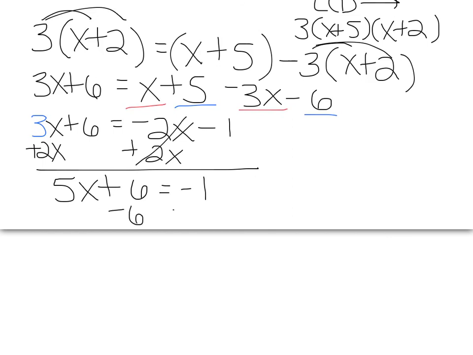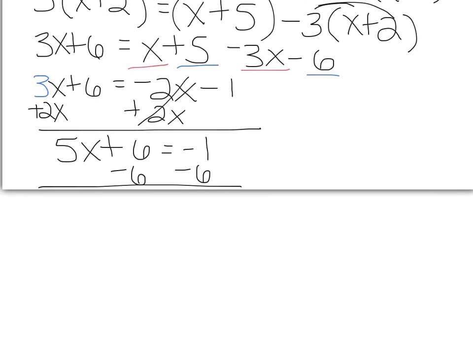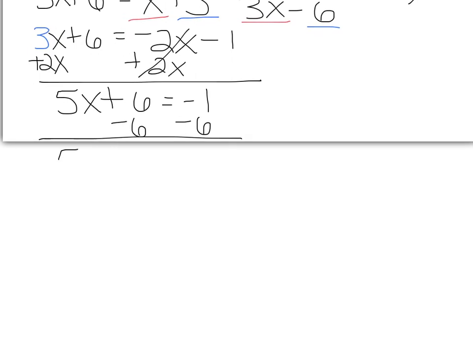I'm going to subtract 6 from both sides. So you get 5x equals negative 7. Divide both sides by 5. And you get x equals negative 7/5. Okay?